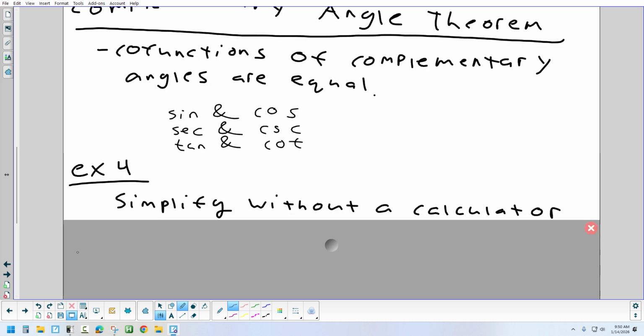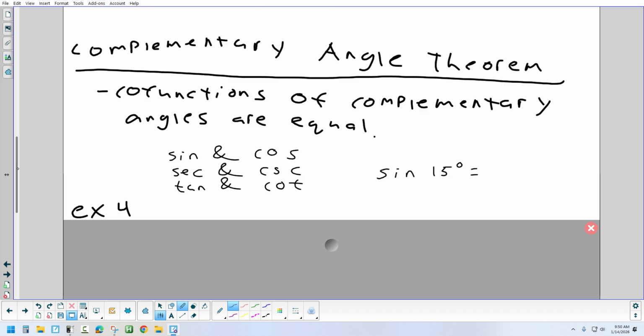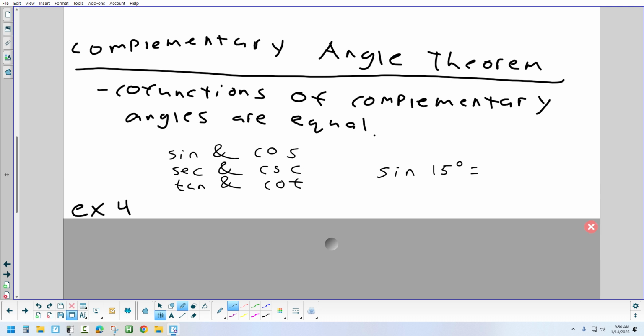All right, so let's do this. I don't know what the sine of 15 degrees is. All I want you to do is write something that it's equal to, based on this theorem. Anyone think they could give me something on the right side that sine of 15 degrees is equal to?